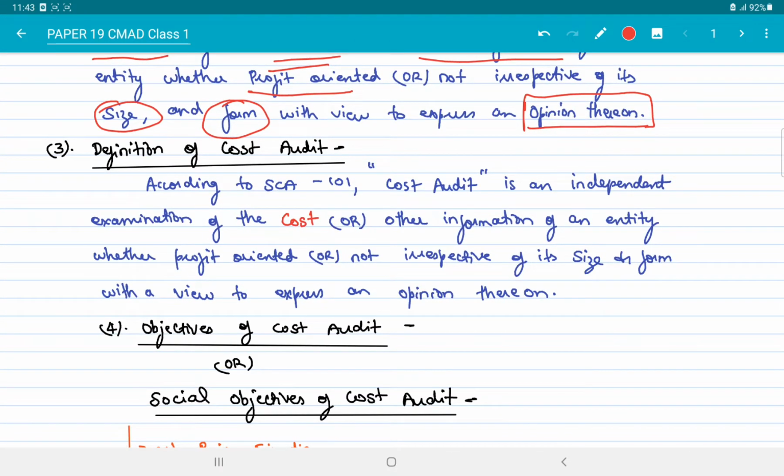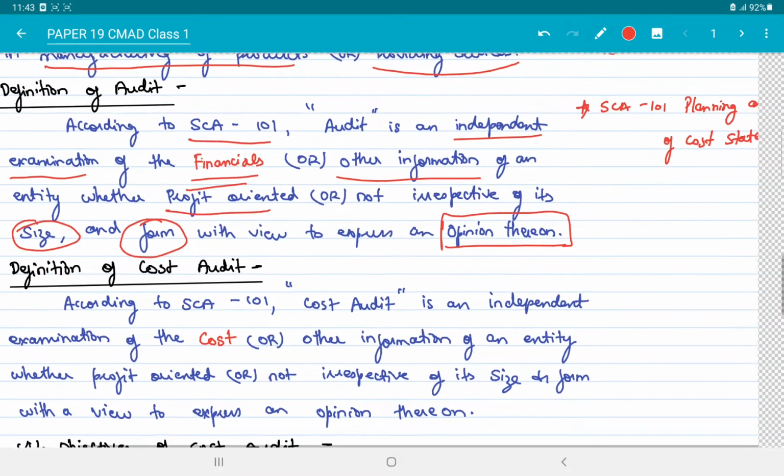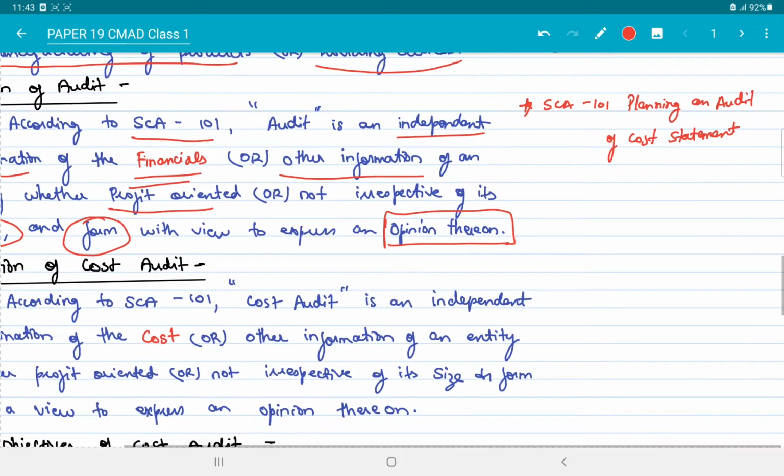Okay, what is the definition of cost audit? Again, it is defined under SCA 101, which is planning an audit. Just now we saw planning an audit of cost statement.